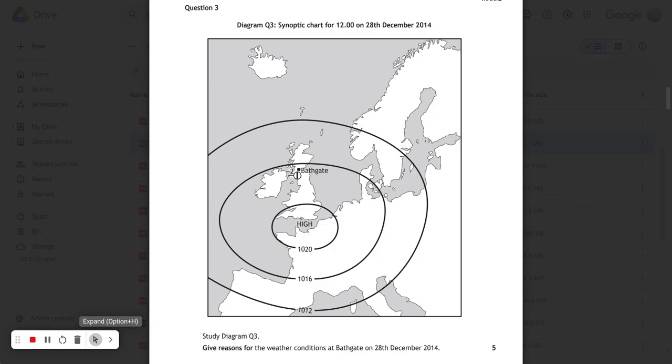The second mark comes from knowing something about high pressure. We can see that the pressure is between 1016 and 1020, as shown on these lines called isobars. So it's sitting at quite close to 1016. High pressure tends to mean that the air is sinking. That means there is likely to be very few clouds.